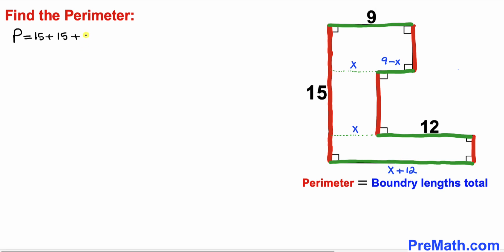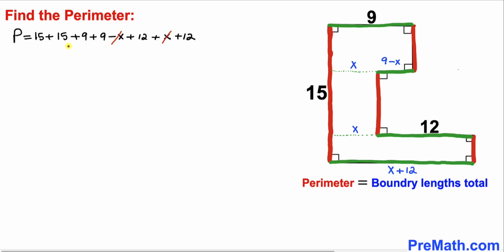Therefore let's go ahead and write down 9 plus 9 minus x plus 12, and then x plus 12. And now we can see this negative x and positive x, they are gone.